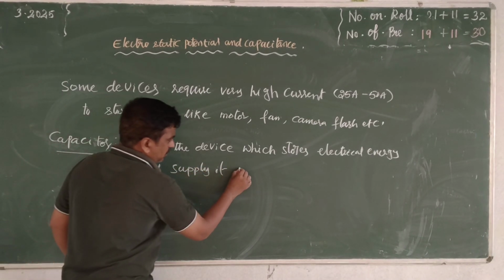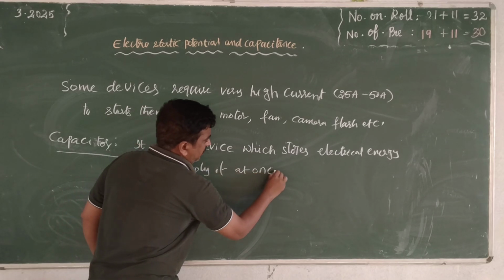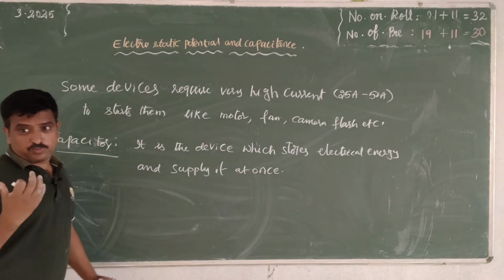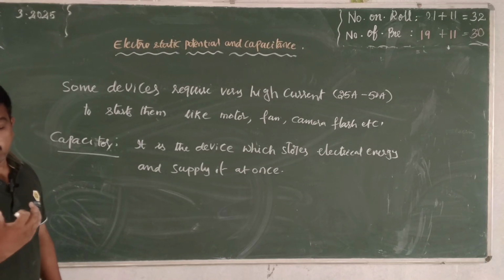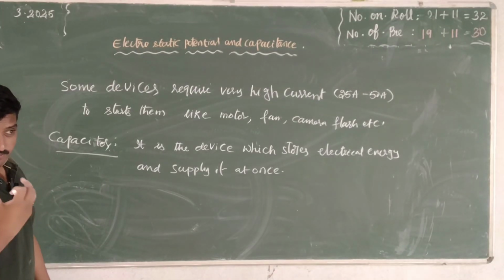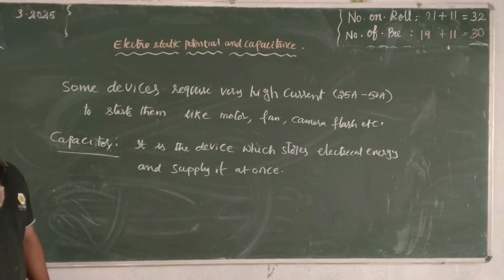Supplies it at once means it suddenly supplies. This sudden supply of energy helps to overcome the static friction of the electric motor, fan and camera flash.